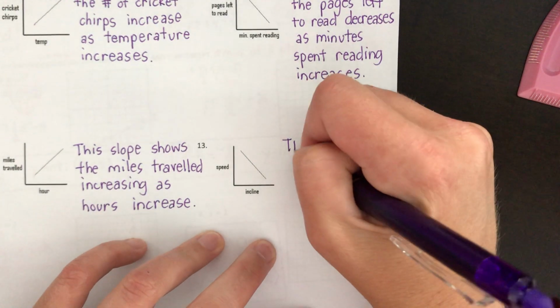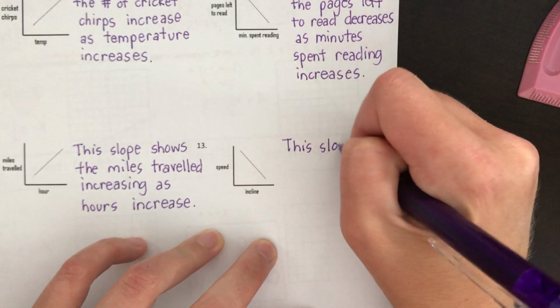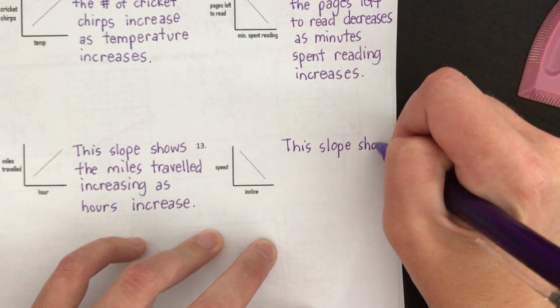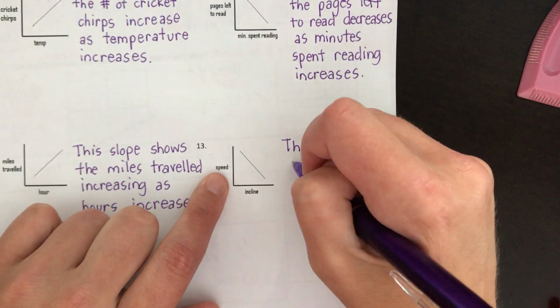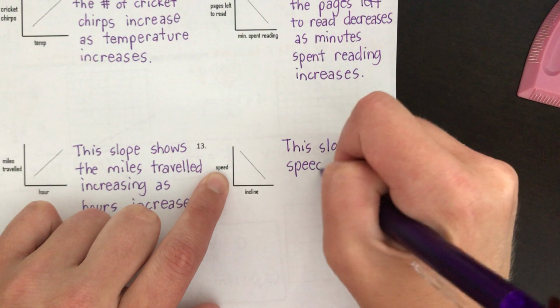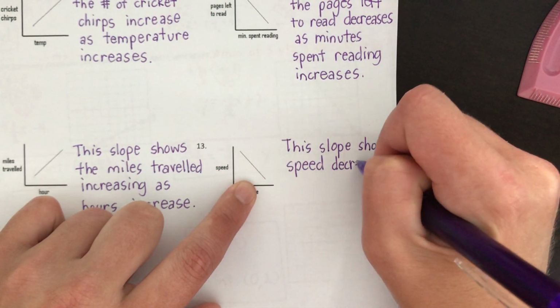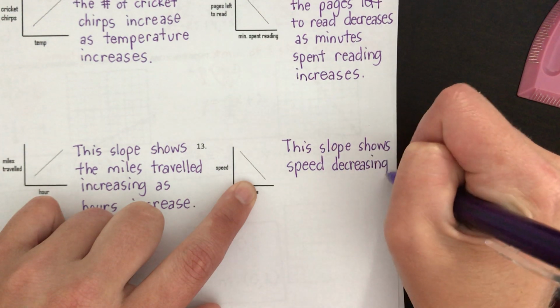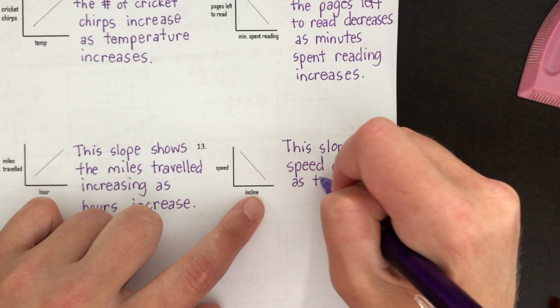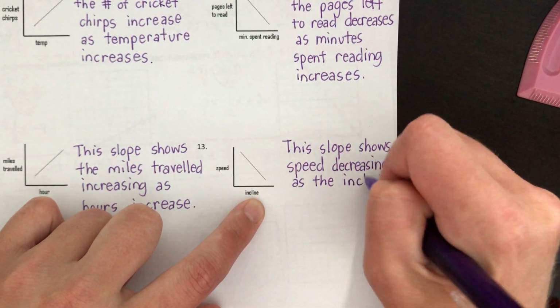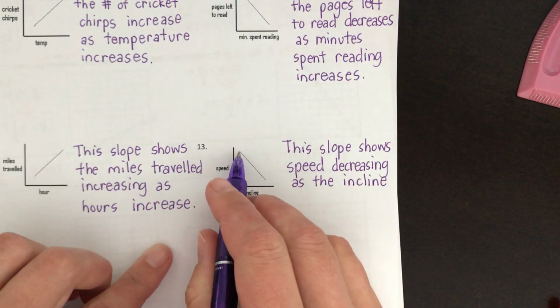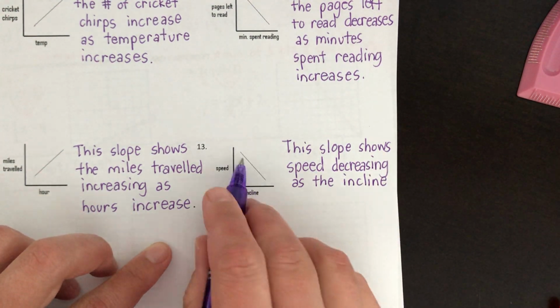Last, this slope shows speed. What's happening to speed? What's happening to my y's? Decreasing as the incline. What's happening as I go left to right to my x's?